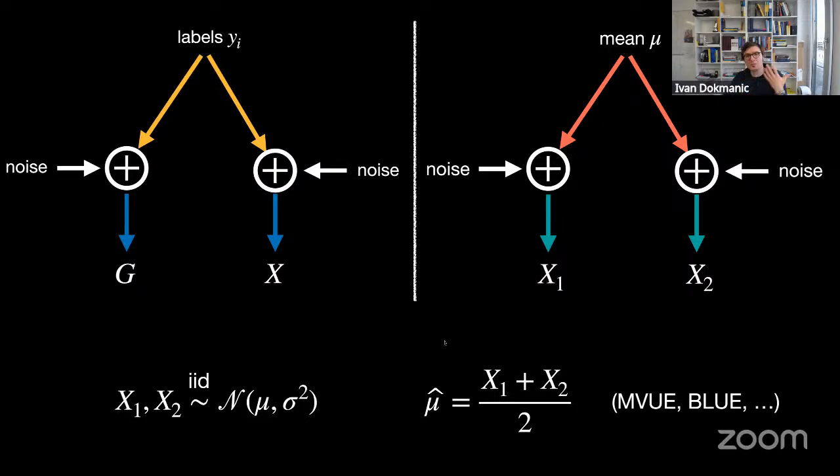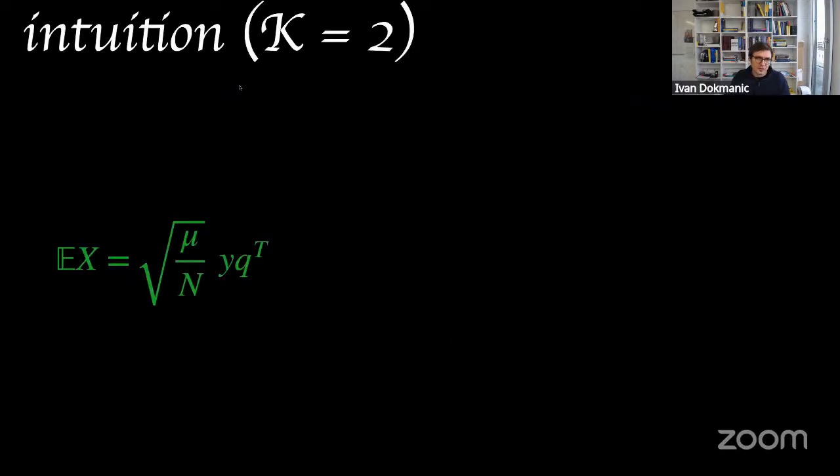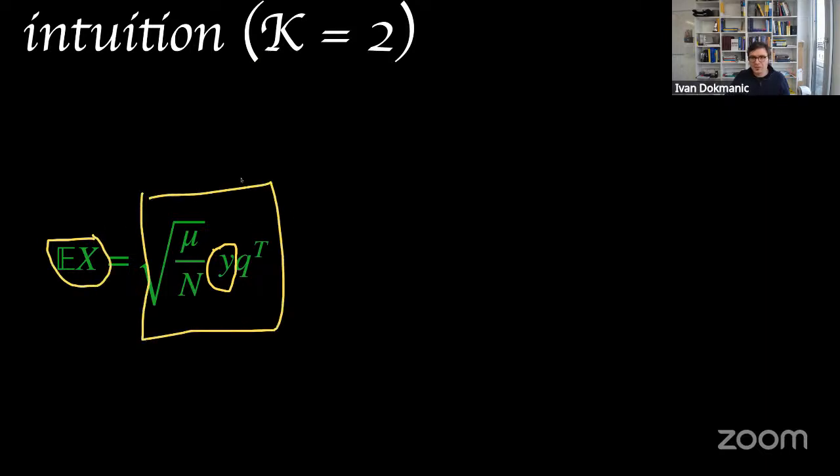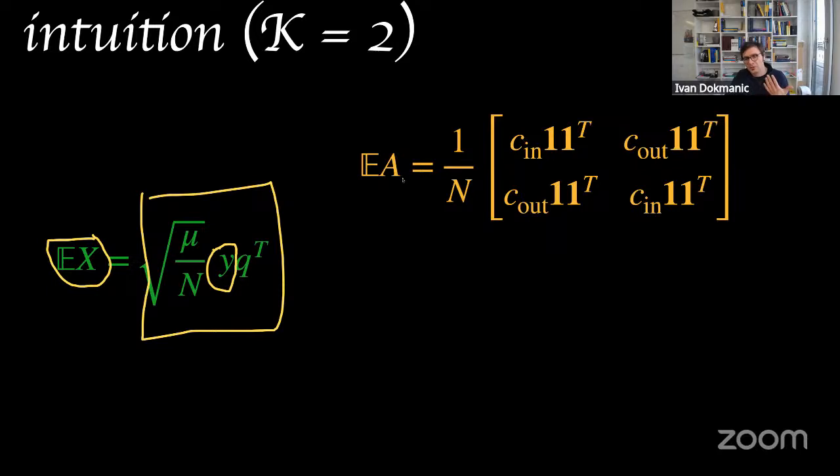Can we come up with something that's just that simple for graphs? Here's the intuition for when we have two communities. Remember that this y here is a vector of labels that contains plus ones and minus ones. So the expected value of our feature matrix is this rank 1 matrix here. This column space tells us everything about labels. Something similar is true for the graph. Because the graph is an SBM graph, the expected adjacency matrix has a simple block structure.